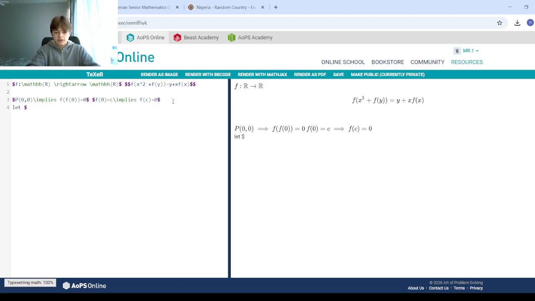Also, let there exist a and b such that a is more than b, and f(a) is equal to f(b).